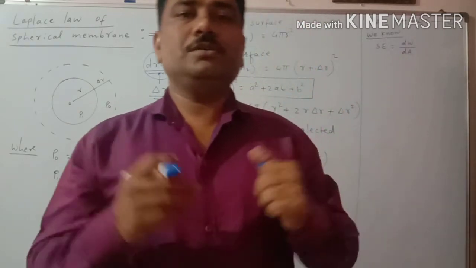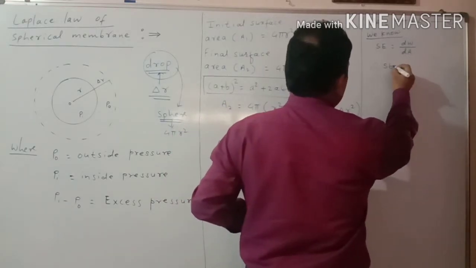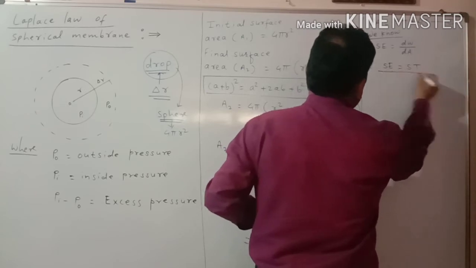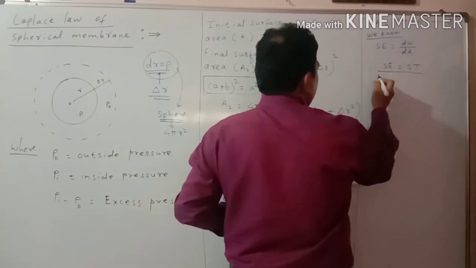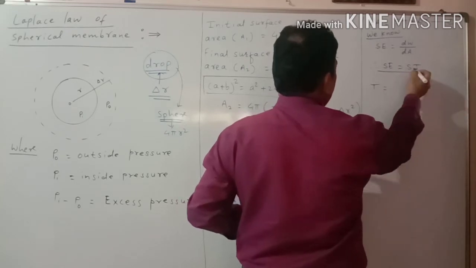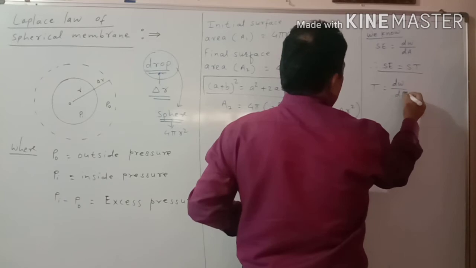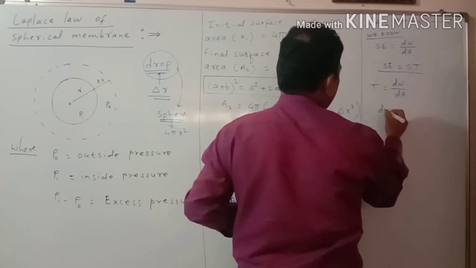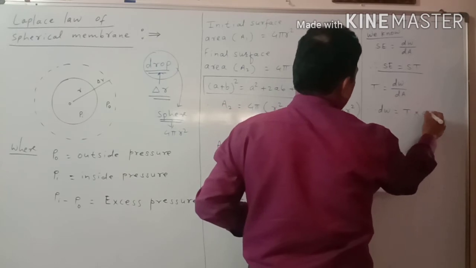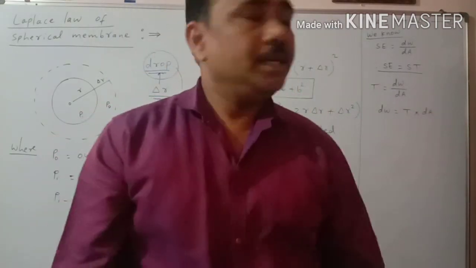So instead of surface energy we can use surface tension, that is T is equal to dW upon dA. Therefore dW, the increase in work done, is equal to surface tension into change in area.